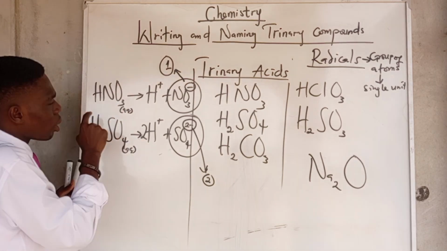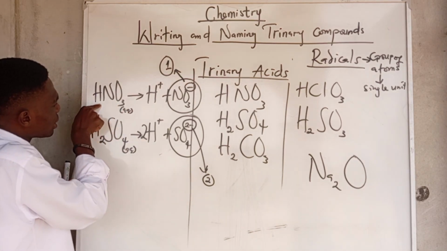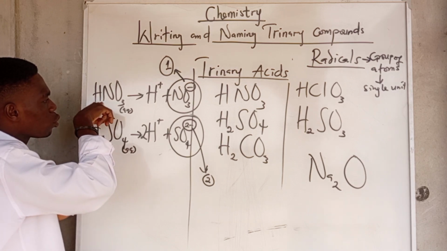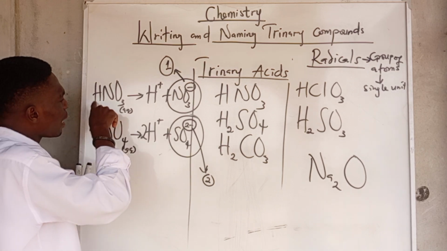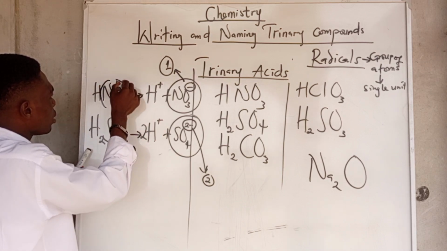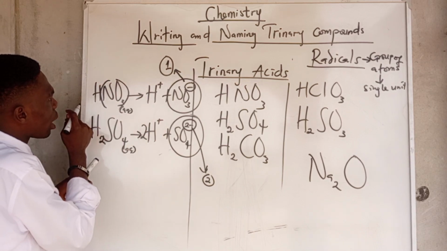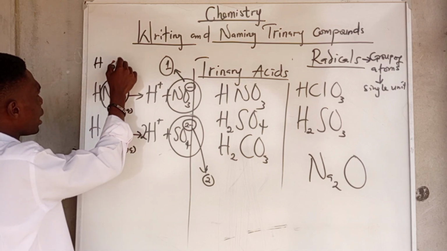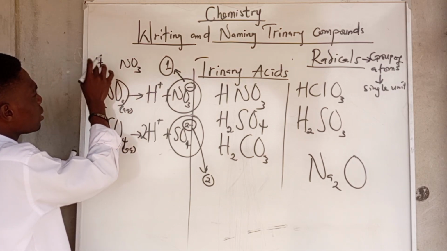We take them as one, and so we will have to find their balance. Are we together now? So since hydrogen has the subscript 1, this subscript 1 that hydrogen has is actually the valency of this radical. Are we together now? And so if I want to look at the chemical combination between hydrogen and NO3, remember hydrogen valency is always 1.